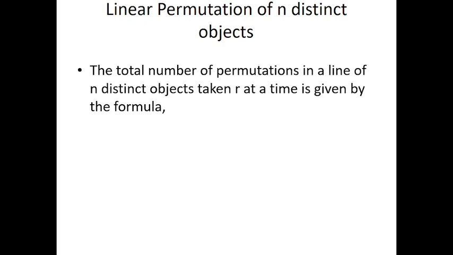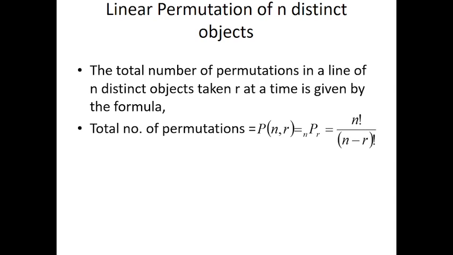Okay. So linear permutation of n distinct objects. Pag sinabi nating distinct, they are all different. So in that case, the total number of permutations in a line of n distinct objects taken r at a time is given by the formula.